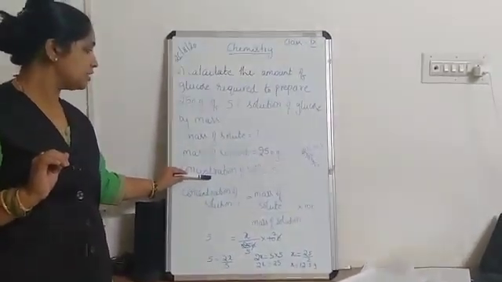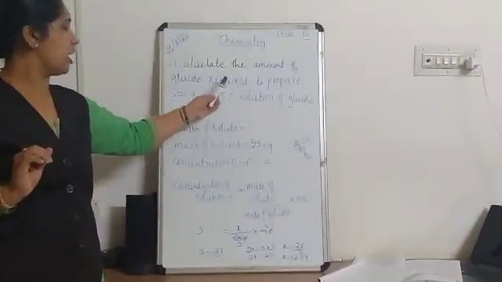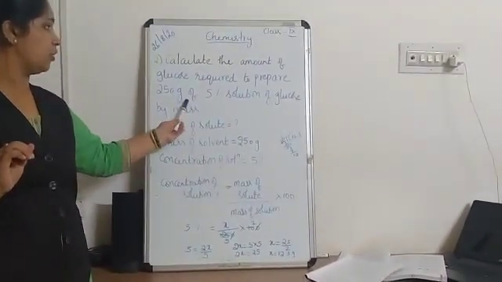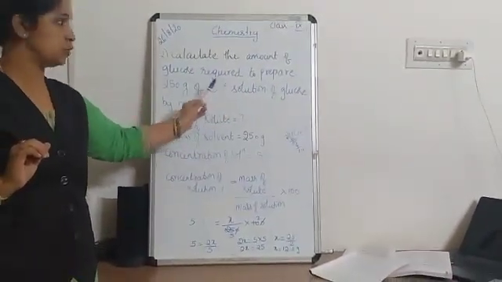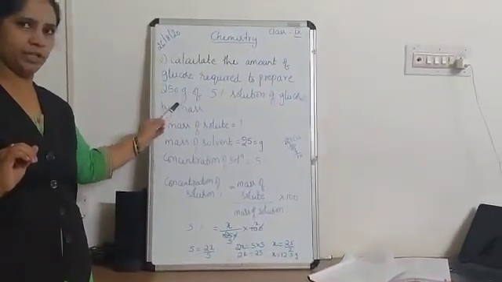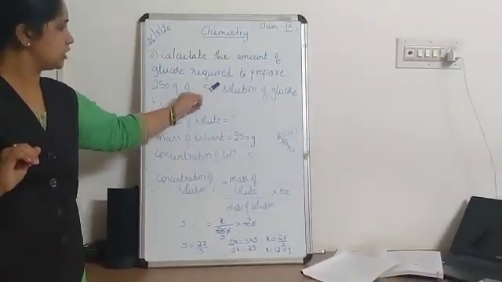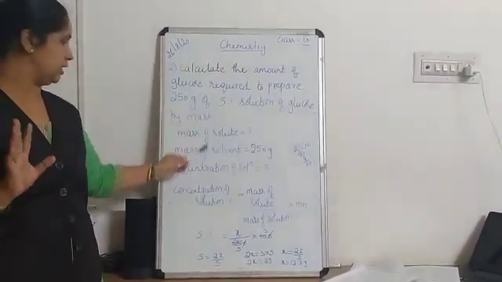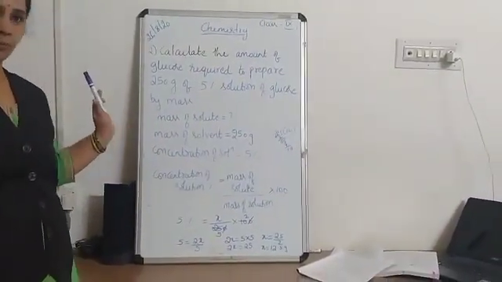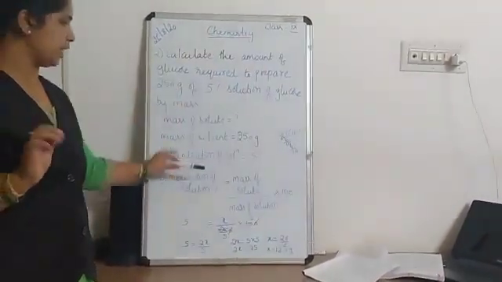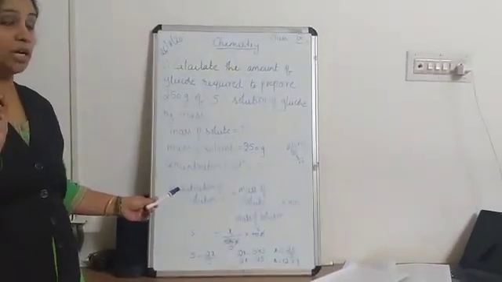Then the concentration of the solution is given: required to prepare 250 gram of 5% solution. So the solution they have given as 250 gram and the concentration of the solution is also given, that is 5%. Again I am telling you it is in grams, so we will be taking the mass percentage.